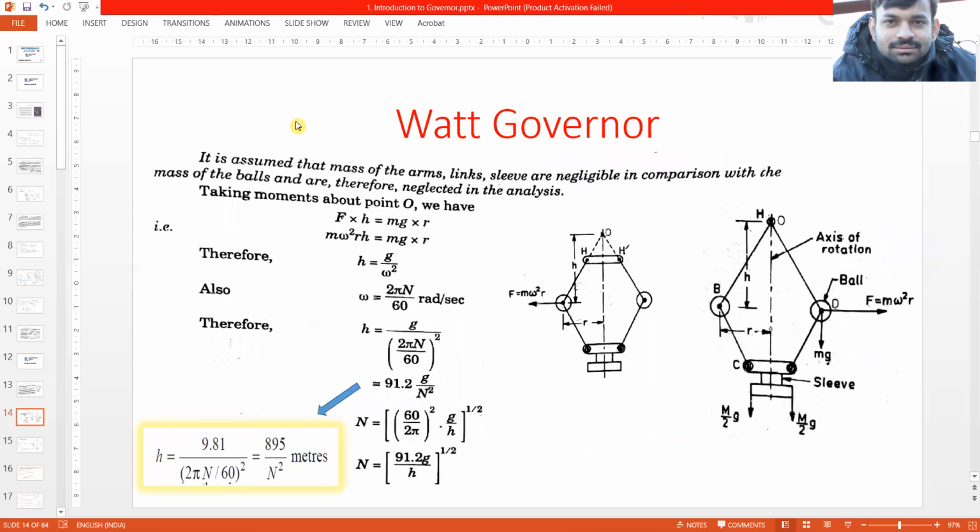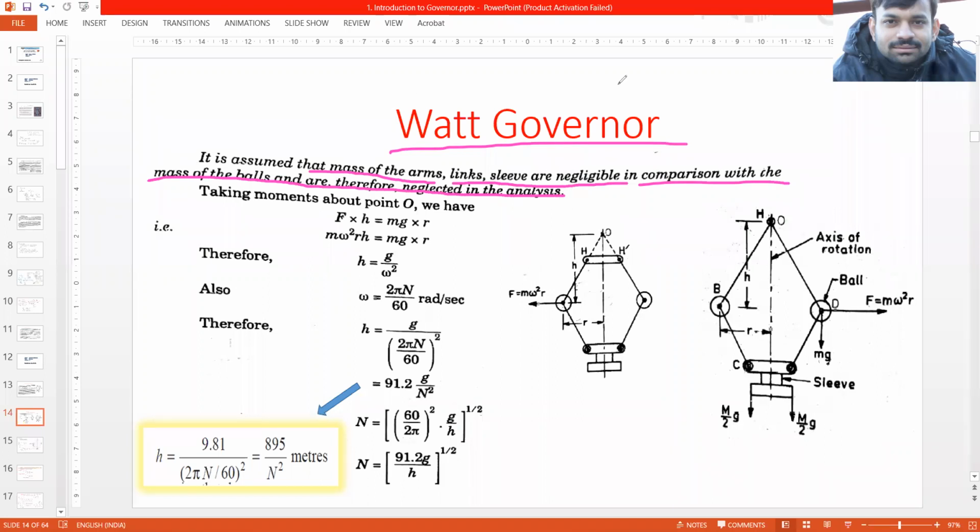Let's move forward. Now we will start with each individual governor. The first governor is the Watt governor. It is assumed that the mass of arms, links and sleeve is negligible in comparison with the mass of the balls, and is therefore neglected in the analysis.